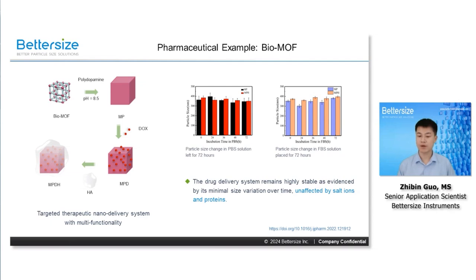This stability is critical to ensuring that the drug delivery system functions as intended when administered to patients. A stable particle size means that the nanoparticles are less likely to aggregate or degrade, which could otherwise compromise the effectiveness of the treatment.